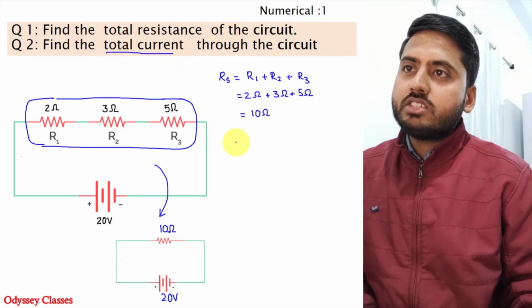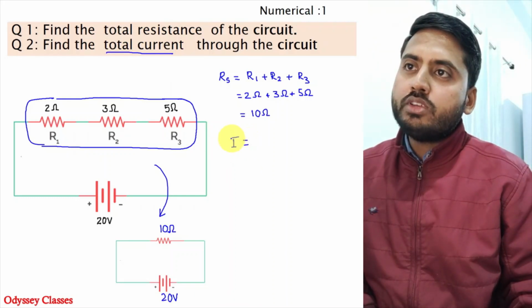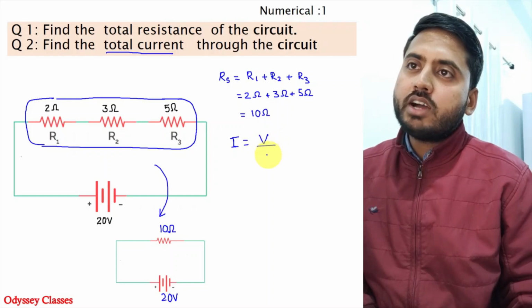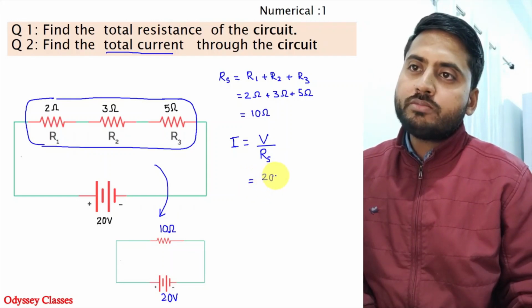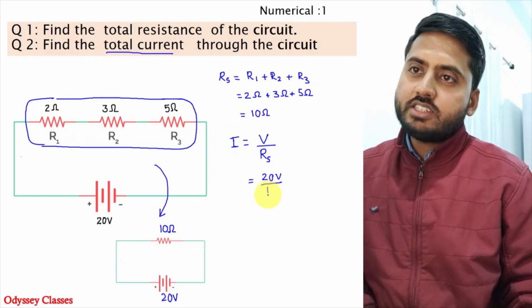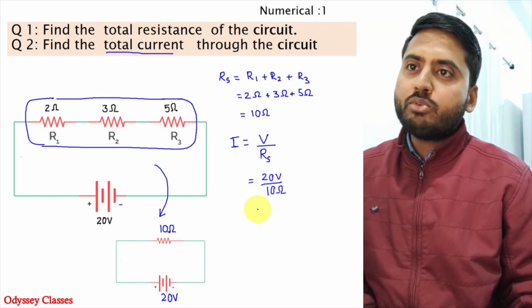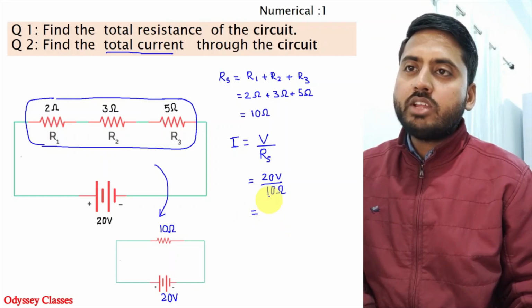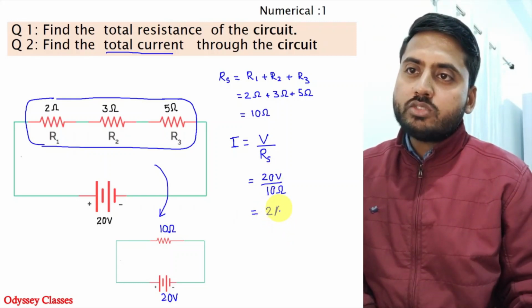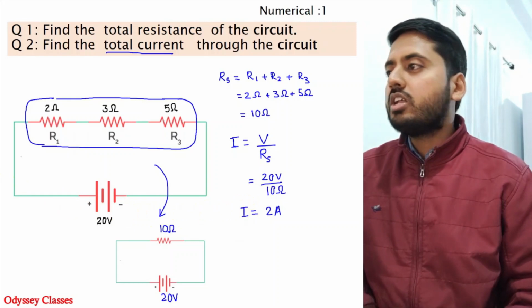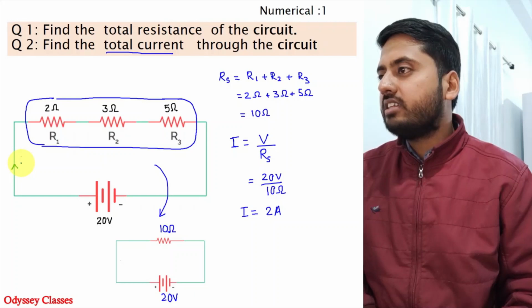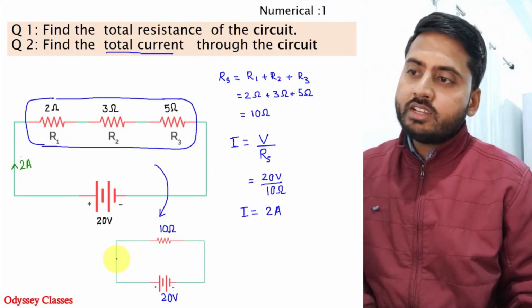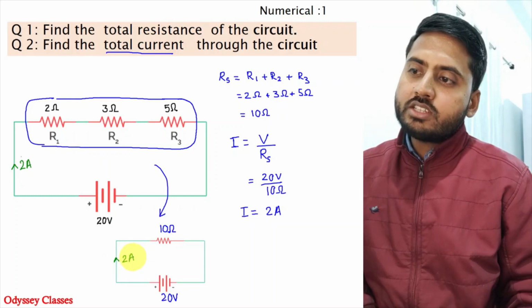So we can say I is equal to V, that is the supplied voltage, divided by the equivalent resistance that we have just calculated. V is 20 volt and Rs is 10 ohm. 20 by 10 is 2, so this will be 2 ampere. This is the total current flowing through the circuit, and here also we can consider the current flowing as 2 ampere.